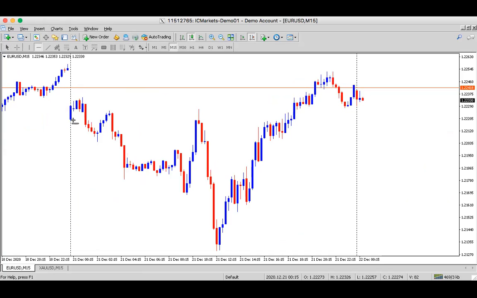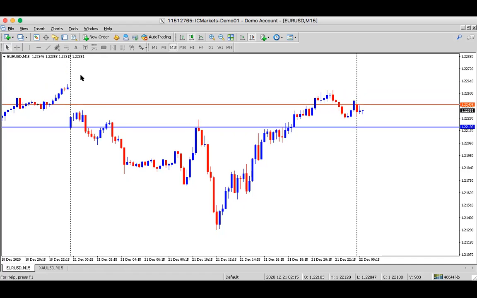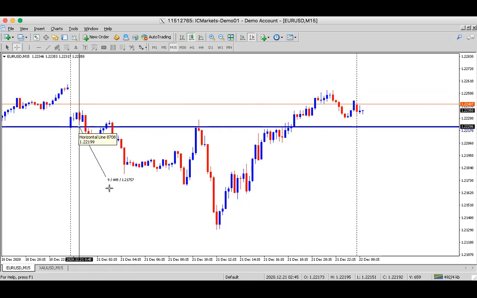The open is always here. So I could say I measured from this point downwards. This is 88 pips to this point. So it went 88 pips down, then canceled the 88 pips and still went up. So I could say here down to here is 100 pips.